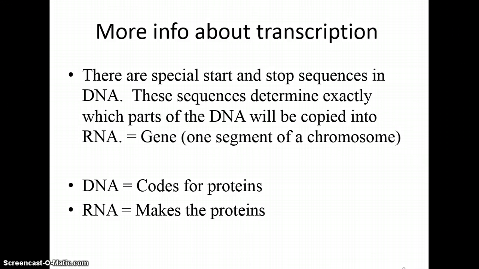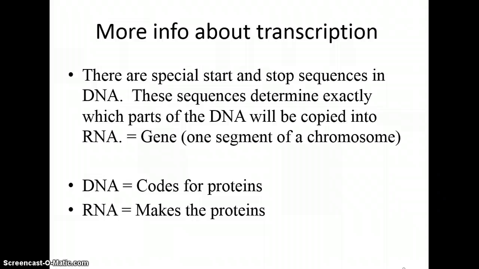There are special stop and start sequences so that DNA knows exactly what chunk to read to make a gene. These sequences determine exactly which part of the DNA will be copied into messenger RNA. Not all of your DNA codes for something. There is junk DNA. The junk DNA does nothing.